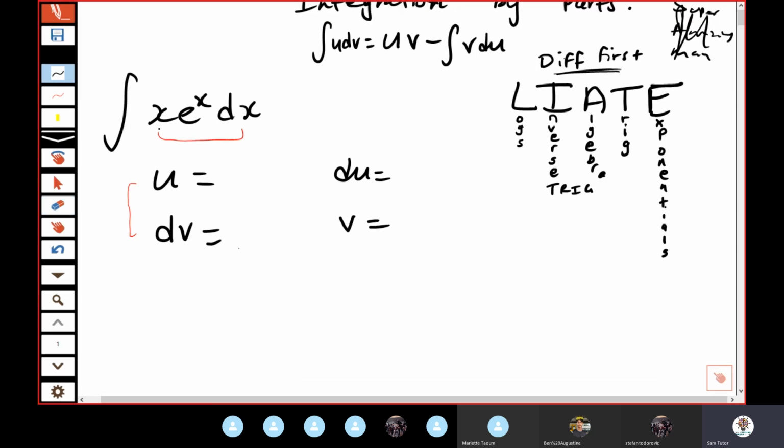Using this acronym, which one would you differentiate first, the algebraic expression or the exponential? Well, it says A before E, so you might as well differentiate the algebra, right? Because you're going to reduce it when you differentiate.